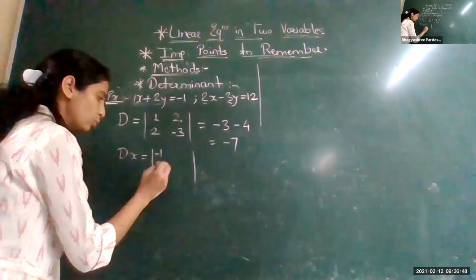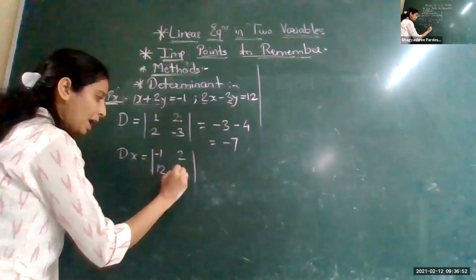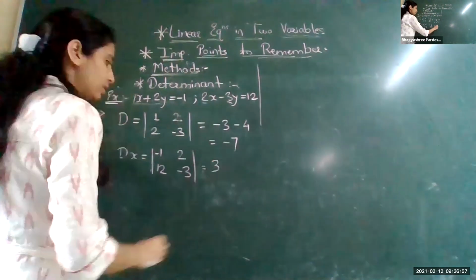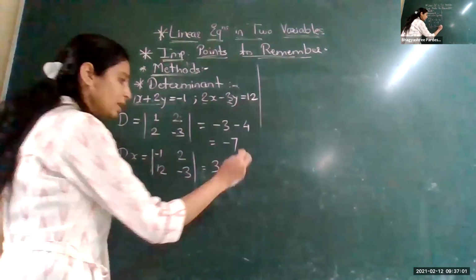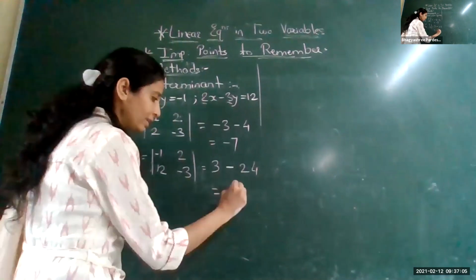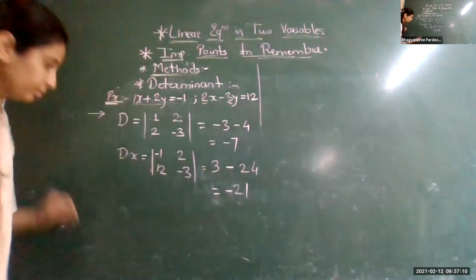So minus 11, 12, and the coefficients of y will remain as they are. So minus 11 into minus 3 is plus 33, minus 12 into 2 is 24. So 33 minus 24 is 9. So now this is your Dx.